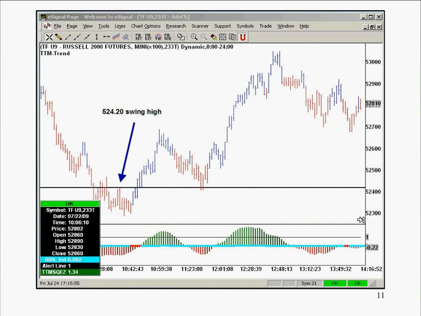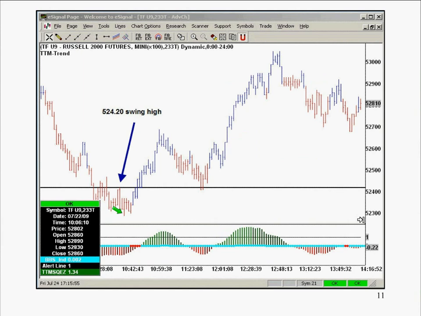Okay, so this tick chart, this is a 233 tick chart on the Russell, and again, if you see on the left-hand side, you're looking at a pattern of lower lows and lower highs into the support cluster, okay?